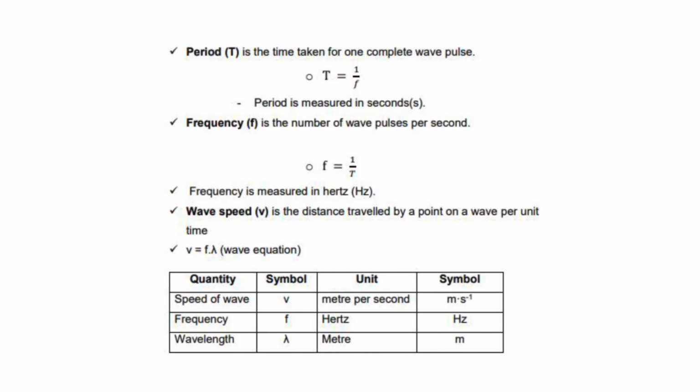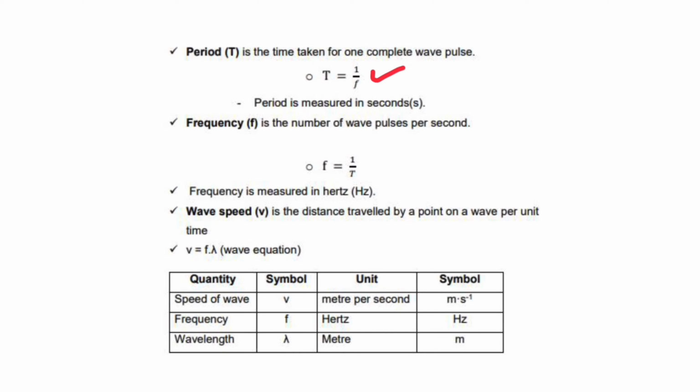Let's talk about the period, frequency, and the wave speed. So the period, by definition, is the time taken for one complete wave pulse. We use the symbol T to denote the period. It is equal to 1 divided by f, where f is the frequency.